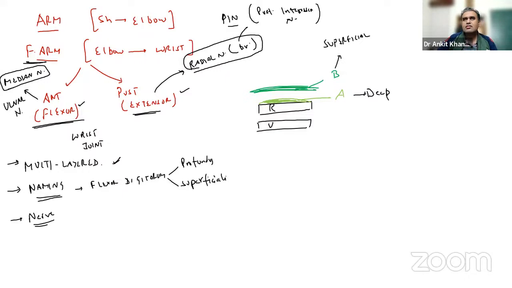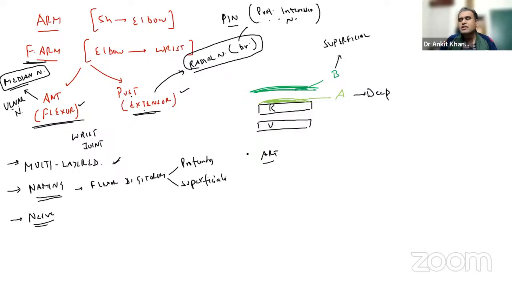Now, last thing is, sir, which will be the blood supply? So let's revise the nerve supply. Anterior compartment, mainly median nerve and a bit of ulnar nerve, supplying all these flexor muscles. The posterior or extensor compartment, the only nerve is the radial nerve or its branch, that is the posterior interosseous nerve. Now coming to the blood supply, which artery will be there?